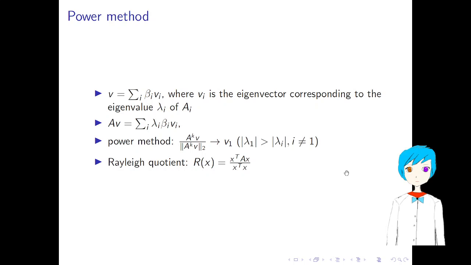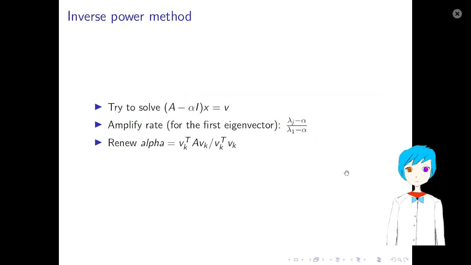So if we take k to be sufficiently large, then A to the power k times v divided by the 2-norm of A^k v will converge to v_1, the first eigenvector. We also define the Rayleigh quotient R(x) for our column vector x, which is defined as x transpose A x over x transpose x, to measure how close we are to the first eigenvalue of a matrix.